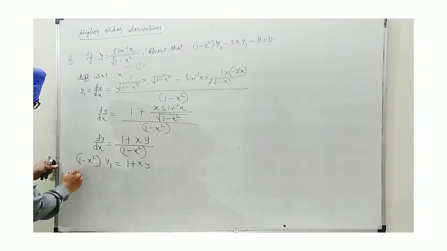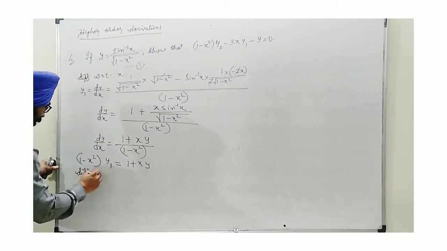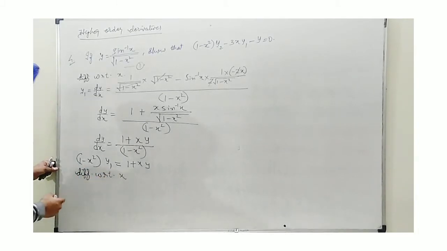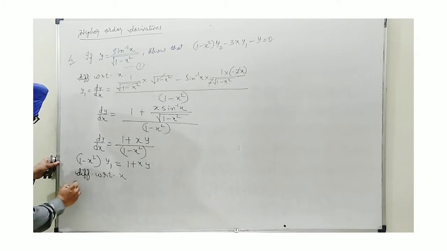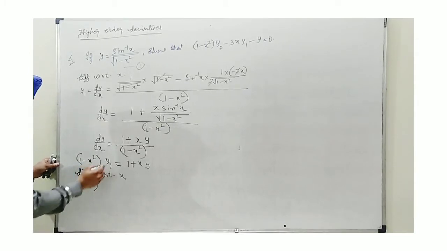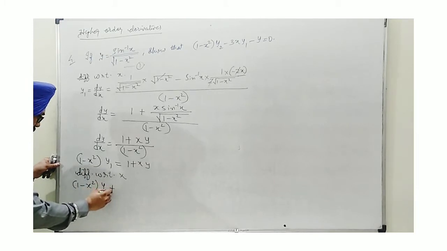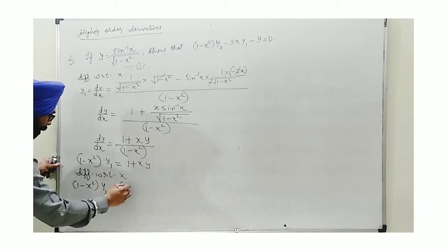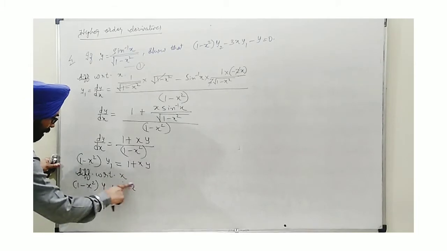Okay, differentiating after this step with respect to x. If I do so, first of all, if I differentiate y1, meaning dy by dx, obviously this will turn y2, with 1 minus x square as it is. Product rule I am applying, don't forget: y1 will become y2, plus 1 minus x square is to be differentiated now.